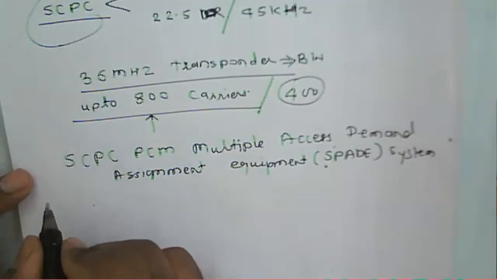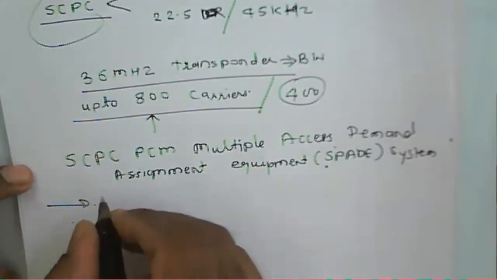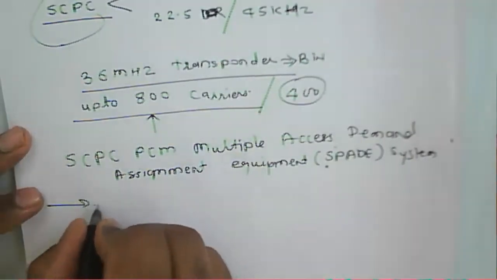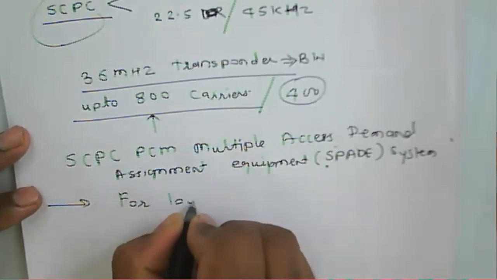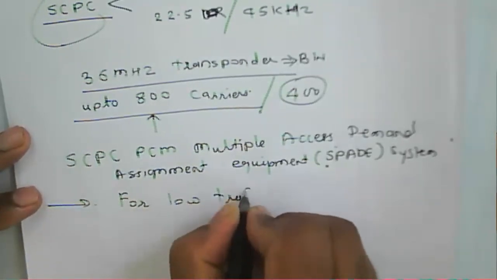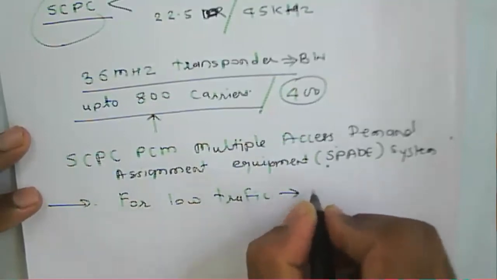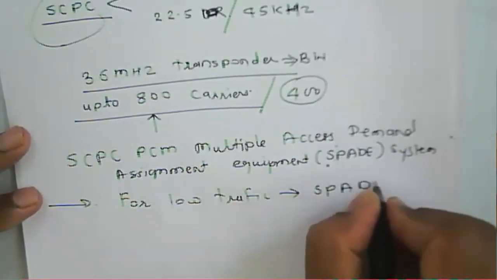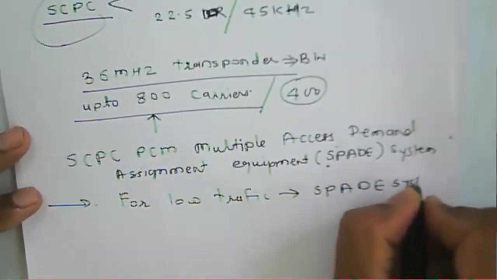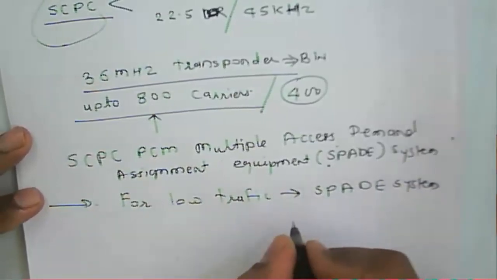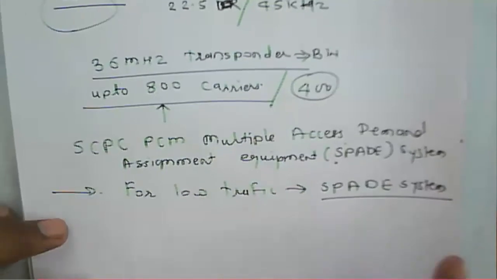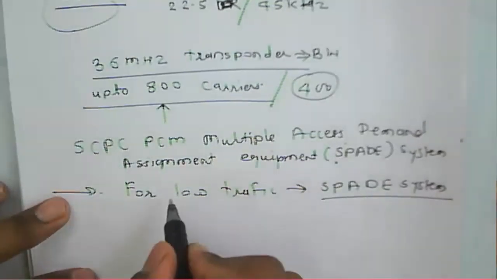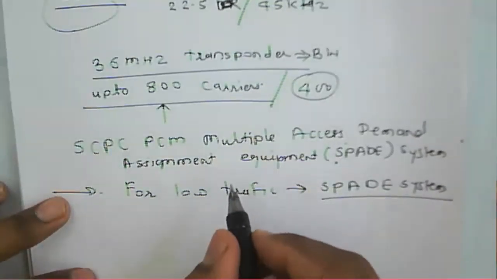And this SPADE system is used in the earth station if it has low traffic, because it has some demand assignment capability.